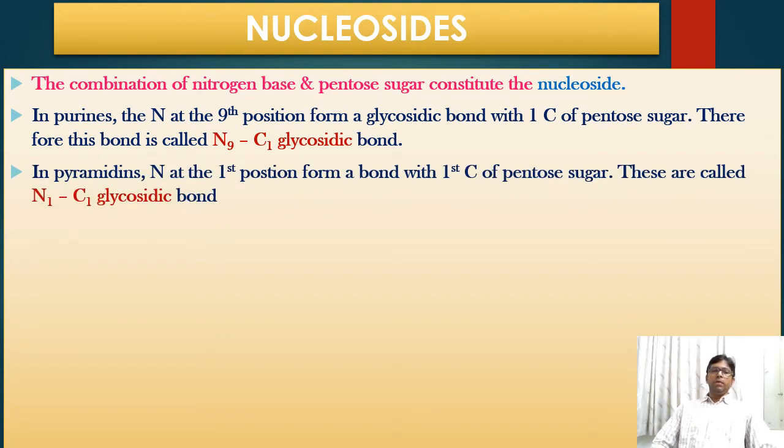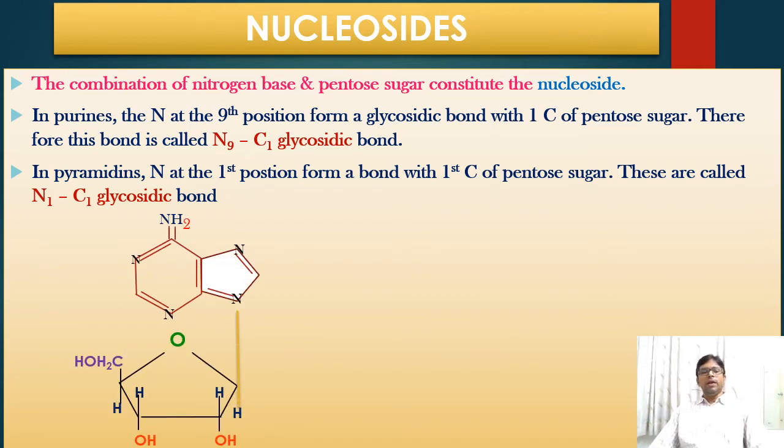Purines bind with the pentose sugars with the N9C1 glycosidic bonds, whereas pyrimidines bind with pentose sugar with N1C1 glycosidic bonds. Here you can see in the picture very clearly.